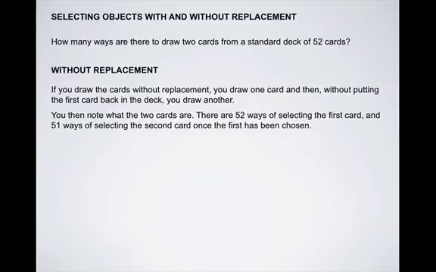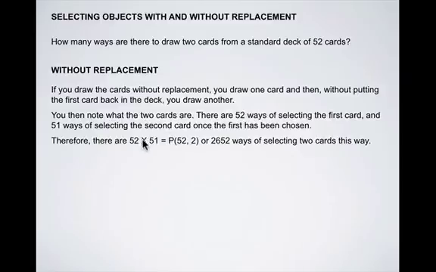And so there are 52 ways that you can select the first card, and once that's out of the deck and not replaced, then there are 51 ways of selecting the second card. So therefore, there are 52 times 51, or the permutation of 52 choose 2, which would be 52 factorial over 50 factorial, and it would simplify to be 2,652 ways of selecting two cards.